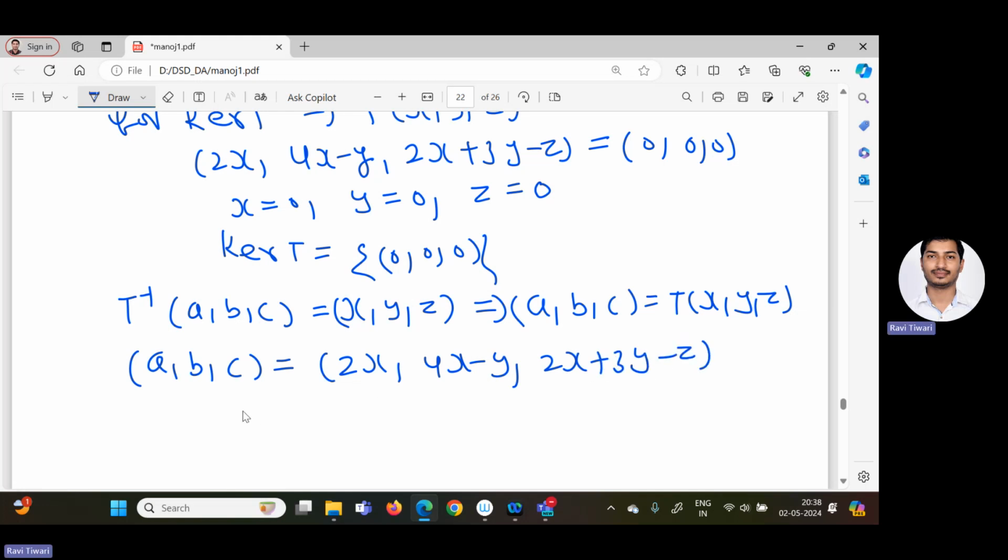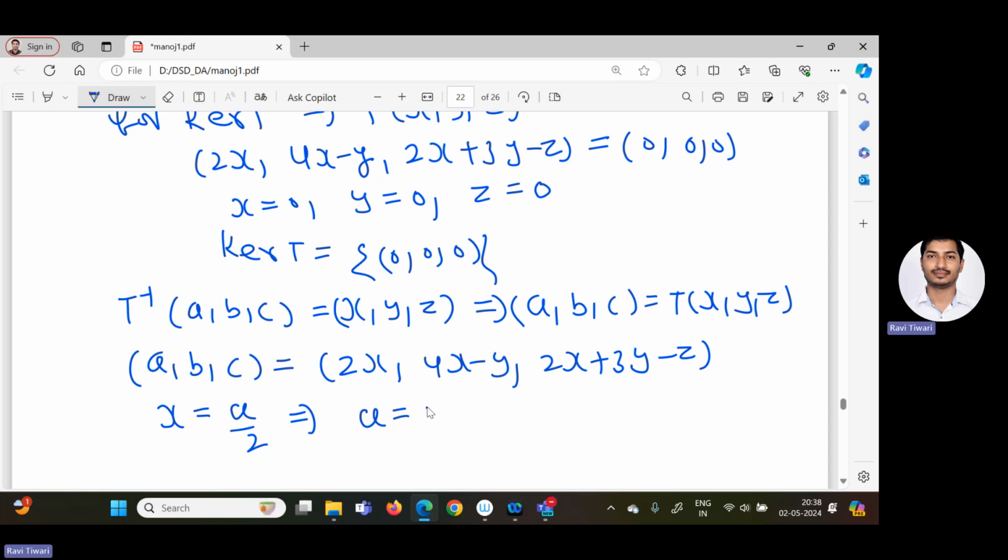Now you can compare. What will be the first component? 2x equal to a, so x equals a by 2.